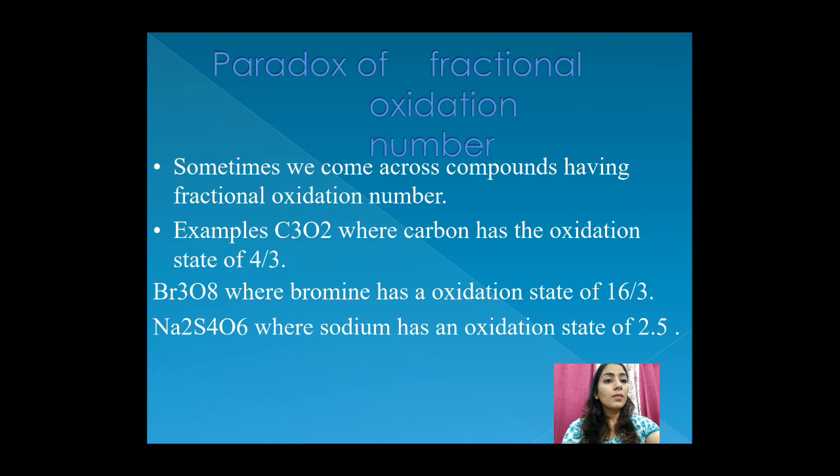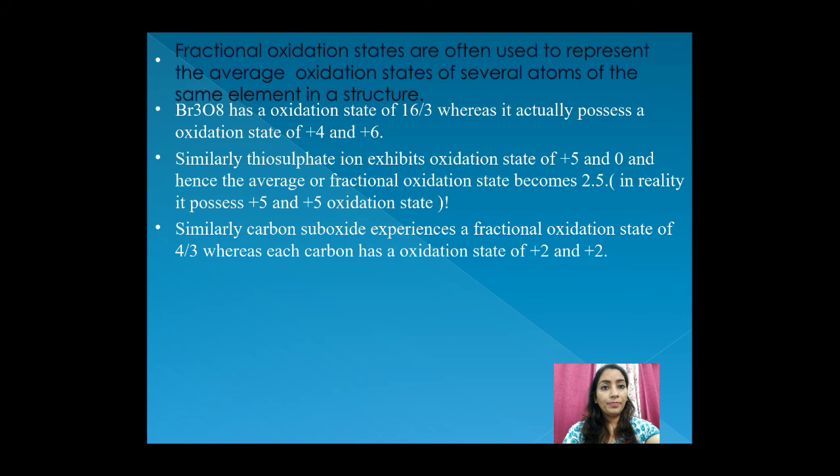Some paradoxes are there regarding fractional oxidation numbers. Sometimes we come across compounds having fractional oxidation numbers. Example: C3O2, where carbon has oxidation number 4/3, and Br3O8, where bromine has oxidation number 16/3. Na2S4O6, where sulfur has oxidation number 2.5.